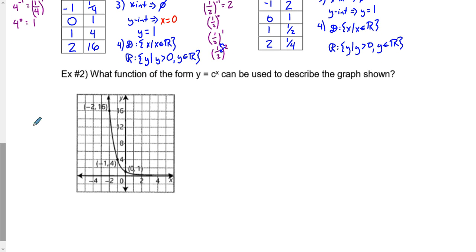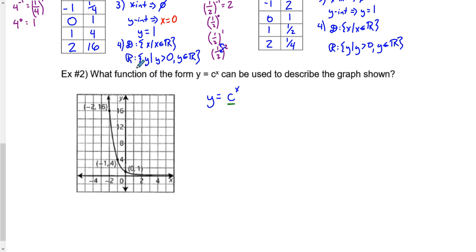So where that starts leading us into is some of the application of what this really means, what we can do with it. So what function of the form y equals c to the power of x can be used to describe the graph shown? Well, it means, what is c?